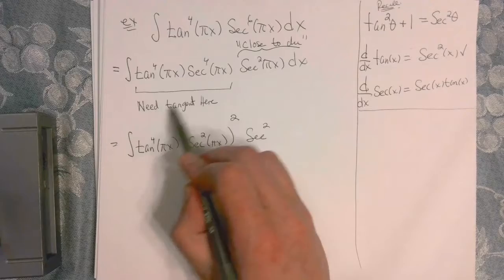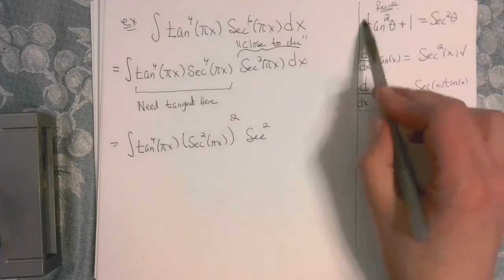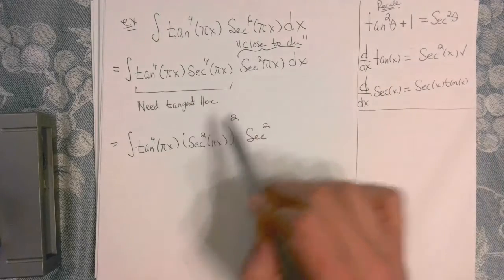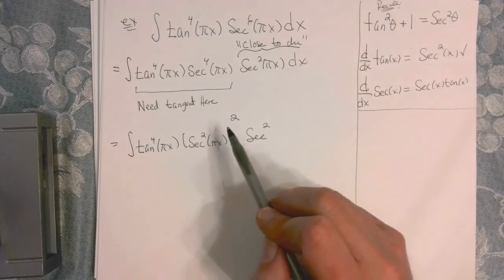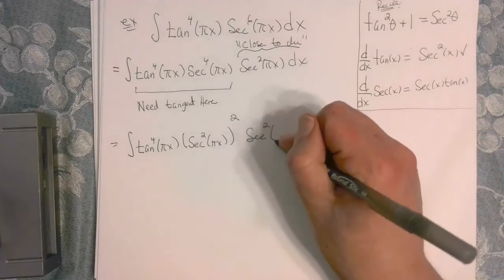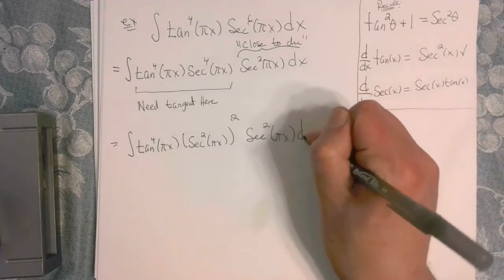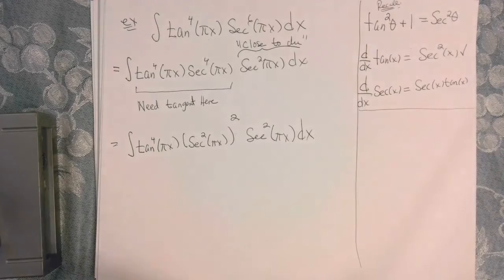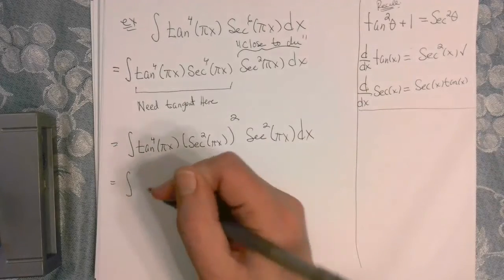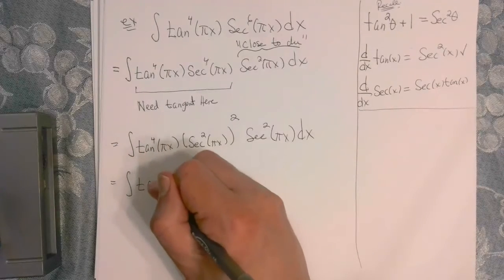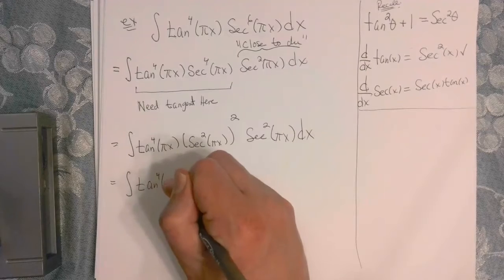Now, don't forget your goal. We want all tangent stuff here, right? So this is the point of rewriting: we want to turn this into tangent stuff in a legal way using our Pythagorean identity. All right, so by our Pythagorean identity, we've got the following.